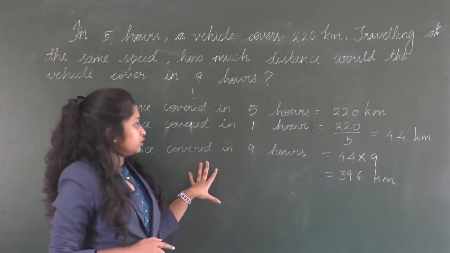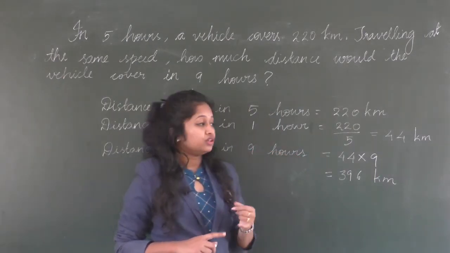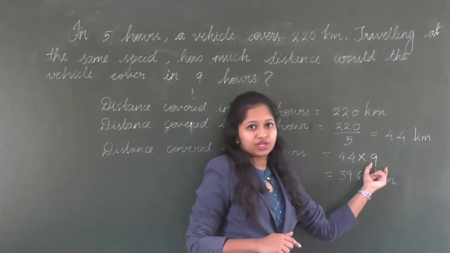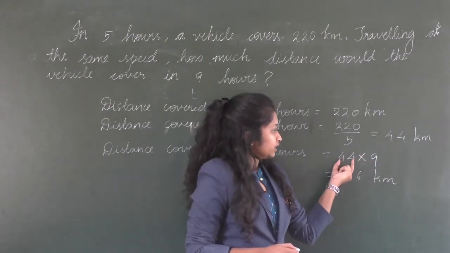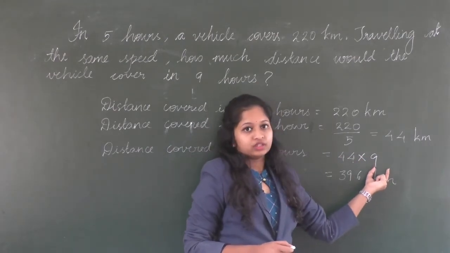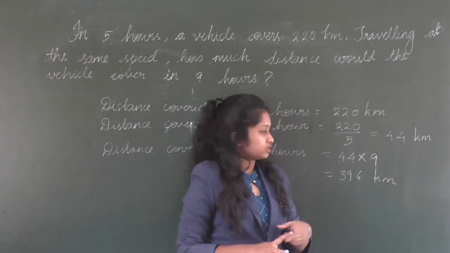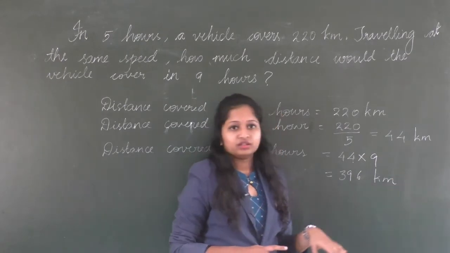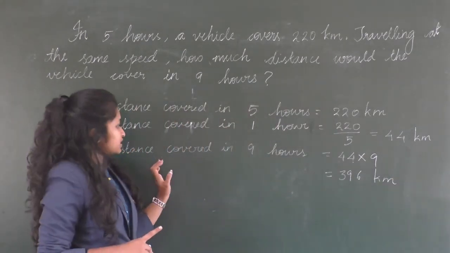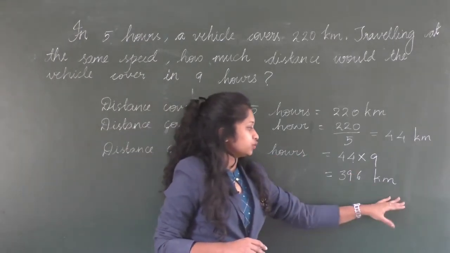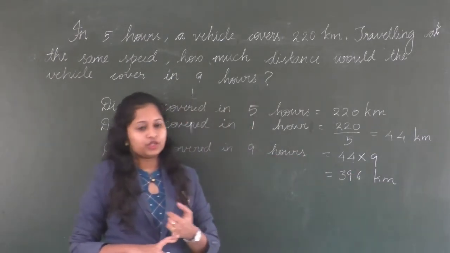So the distance covered in 9 hours will be 44 into 9, that is the distance covered in 1 hour into 9 hours. So 44 into 9, we get 396 km. So the distance covered in 9 hours is equal to 396 km.